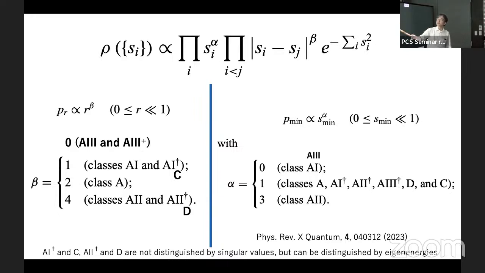The alpha value is 0, 1, or 3, depending on the symmetry.